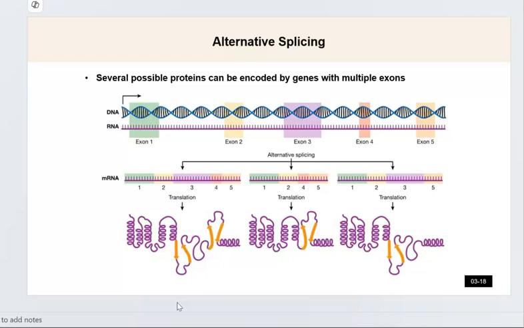Multiple exons coded for by a gene will allow different potential proteins to be translated in a mix and match fashion. So several possible proteins can be encoded by genes with multiple exons. It makes it much more efficient, I would say.